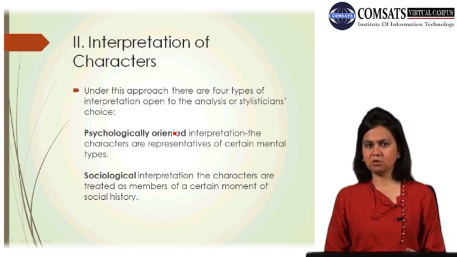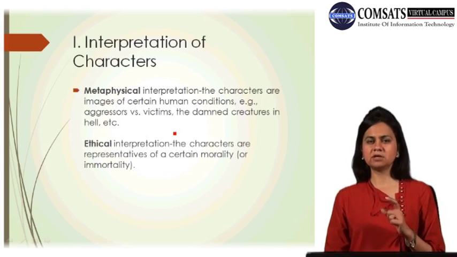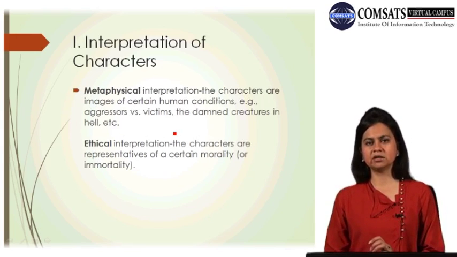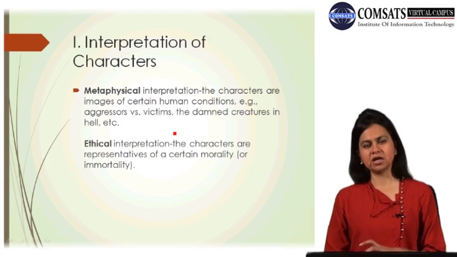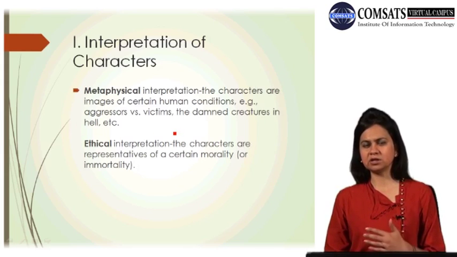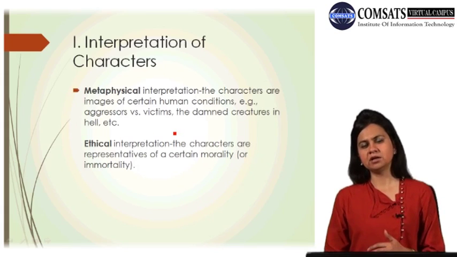So we pinpoint the cause of a character's becoming what he has become as a psychological cause. Then in the sociological interpretation, we put the character in a particular time in history, in a particular age, era, or even place or geography. And we see how the society, time, and the happenings around the people have affected them and turned them into what they are in the story.